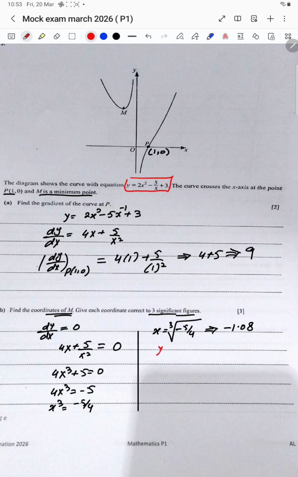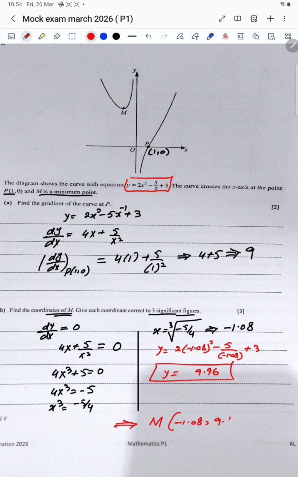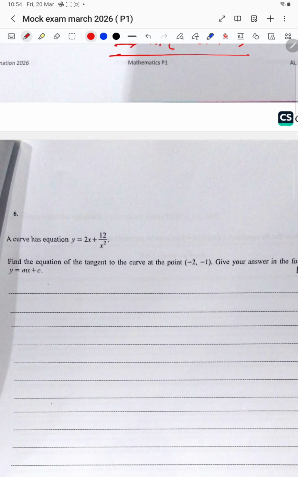So y equals 2 times minus 1.08 squared minus 5 over minus 1.08 plus 3. So I will get y equal to 9.96. So finally my M coordinates are minus 1.08, 9.96 up to 3 significant figures. I hope it is clear. Let's proceed to question number 6.